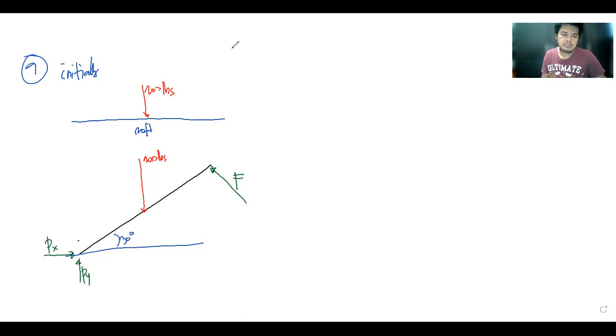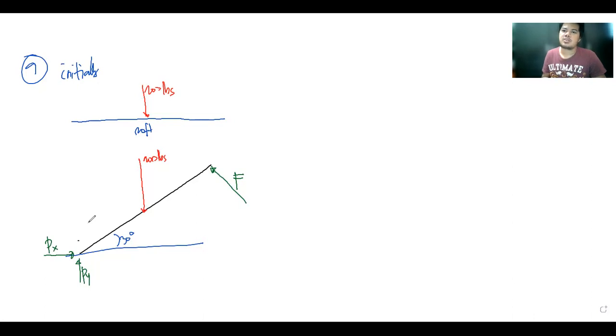So how are we going to approach the problem? When taking moment, always remember that it is best to take the reference point at a point wherein there are many unknown forces.